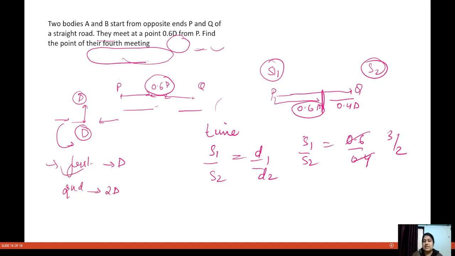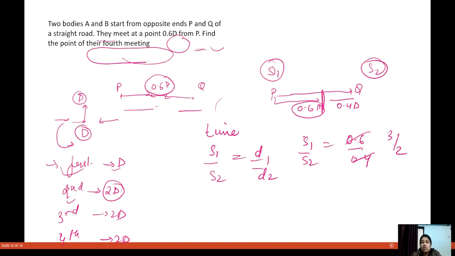So at the first meeting they have covered distance d, at the second meeting they cover 2d, at the third meeting again 2d, and at the fourth meeting again 2d.